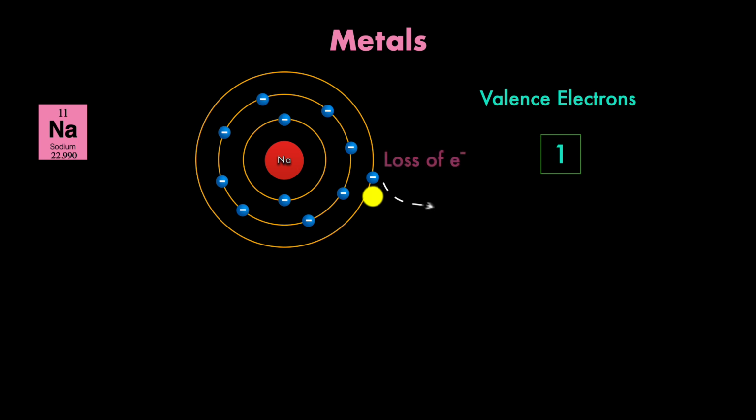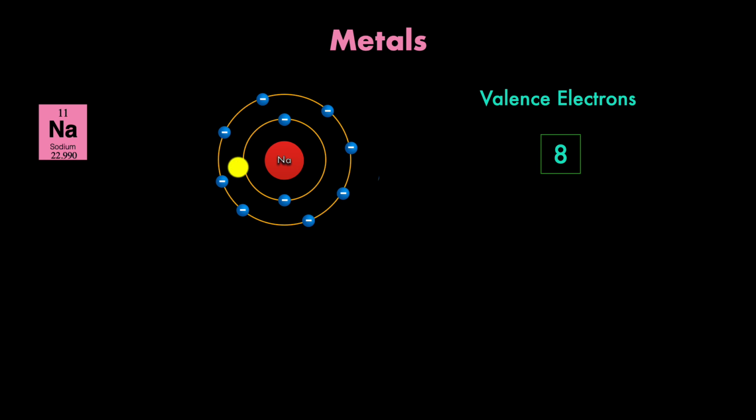If it loses it, its valence shell ends up with 8 electrons, giving it an octet structure, which makes it stable. And that's why metals like sodium or aluminum or magnesium usually tend to lose electrons. So whenever they react, they tend to form positive ions because they've lost electrons, and we call them cations.